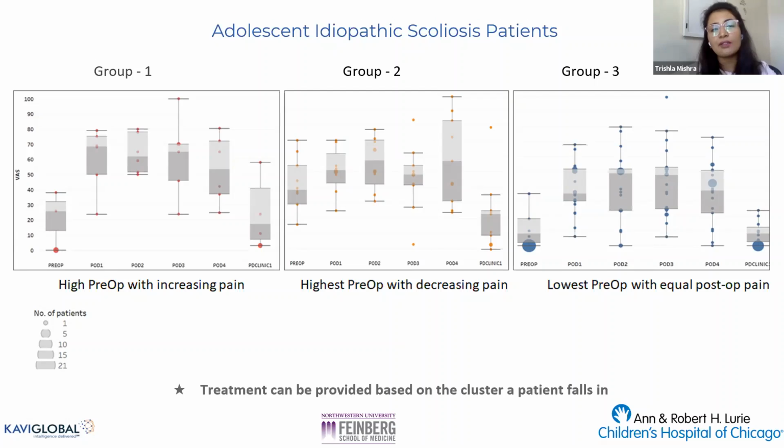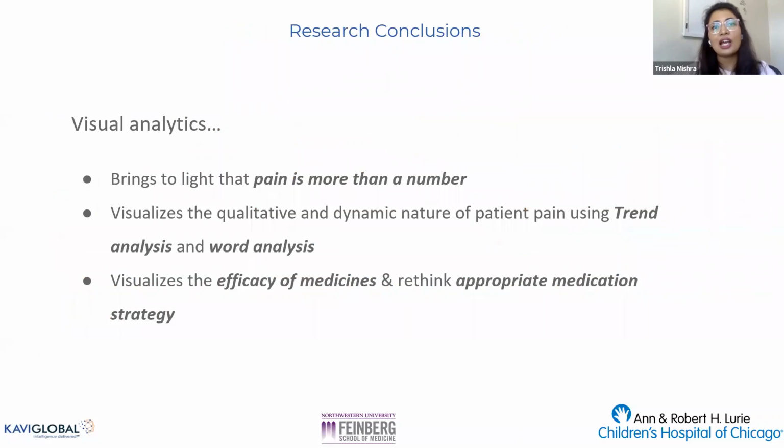For group 2, we have a high amount of pain right before the surgery and the pain scores go down 1 month later. But in the last group, you can see that the pain scores are almost the same before and after the surgery. So based on this, we concluded that we can provide treatment based on the cluster a patient falls in. Now with that, we wrap up our last research as well, and Renee would like to share the conclusions that we had from all our research papers.